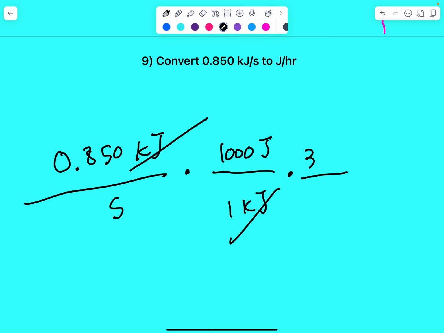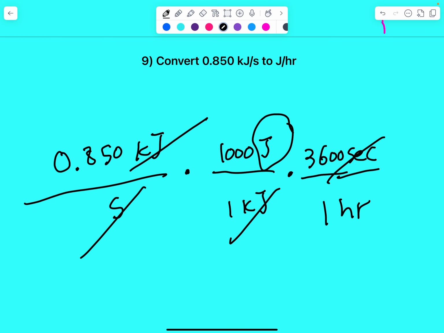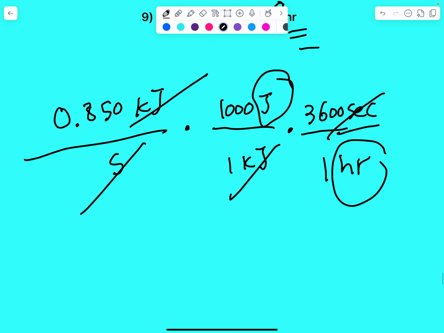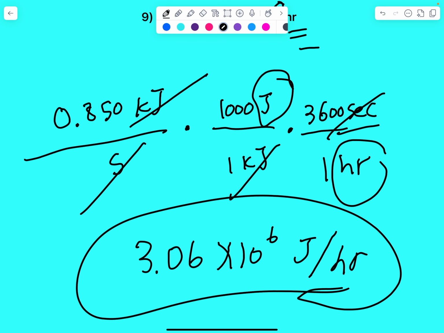So I'm going to say there are 3,600 seconds in an hour. Goodbye, seconds. See? Joules per hour. So when I plug this all into my calculator, I'm going to get 3.06 times 10 to the 6th joules per hour. And I did it.